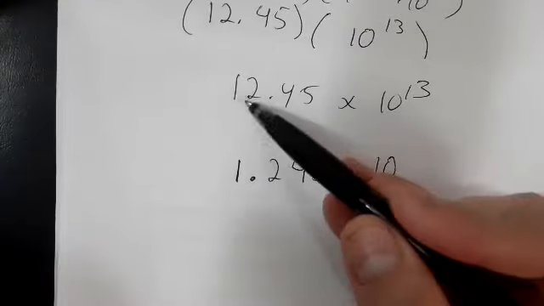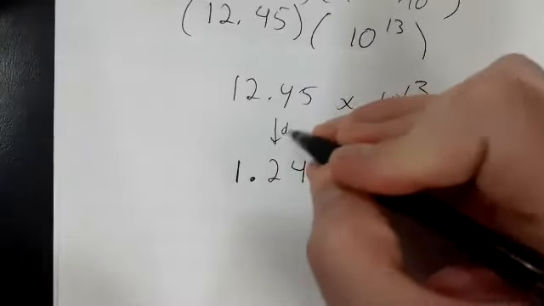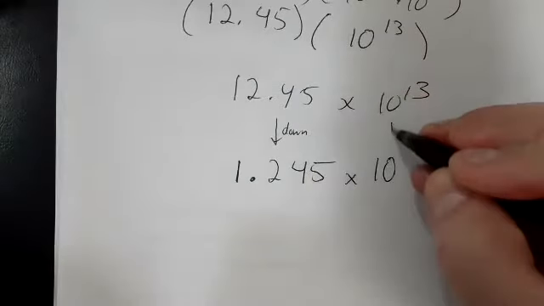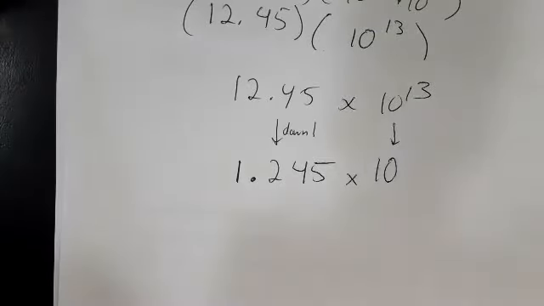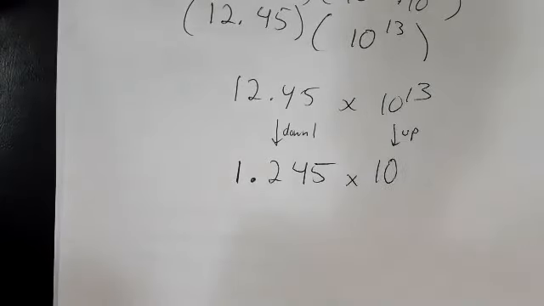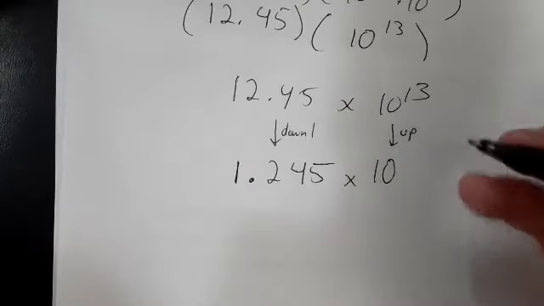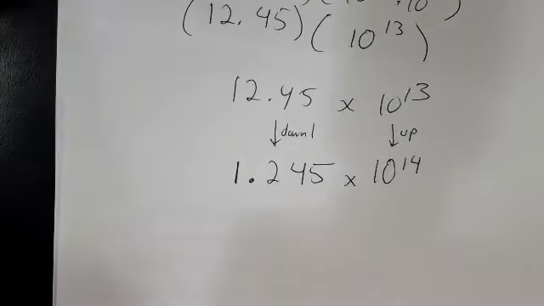If we go from a number like 12 to 1, it's going down one decimal place. So if that's going down 1 decimal place, you have to go up. So instead of that 13, I'm going to write 14.